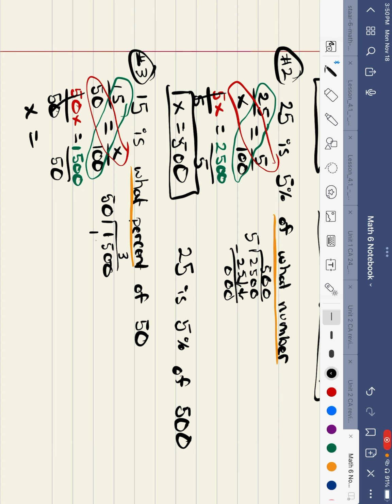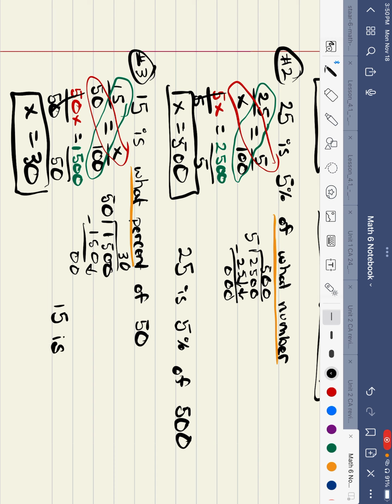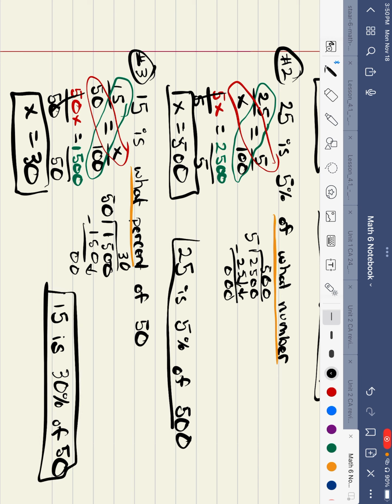That's 3 groups. 150, 0 left over, bring a 0 down. That's another 0. There we go. So x is equal to 30. You rewrite that out. That means that 15 is 30% of 50. I forgot to box my other one up here. I'll go back and do that. Those are my two answers.